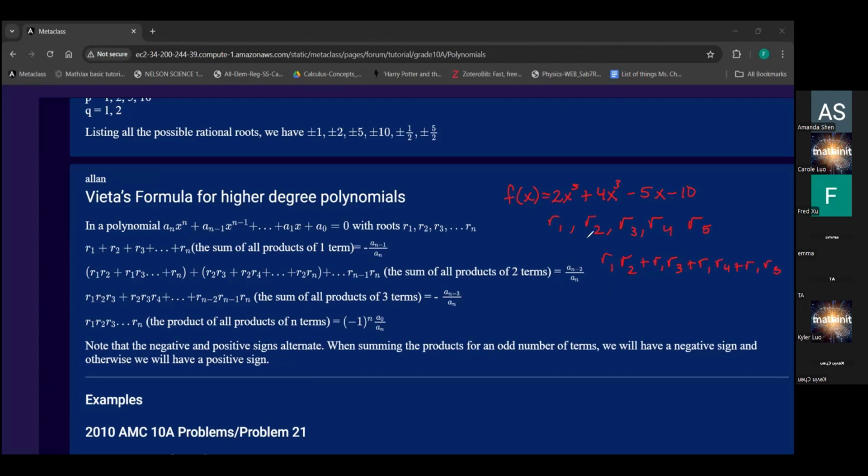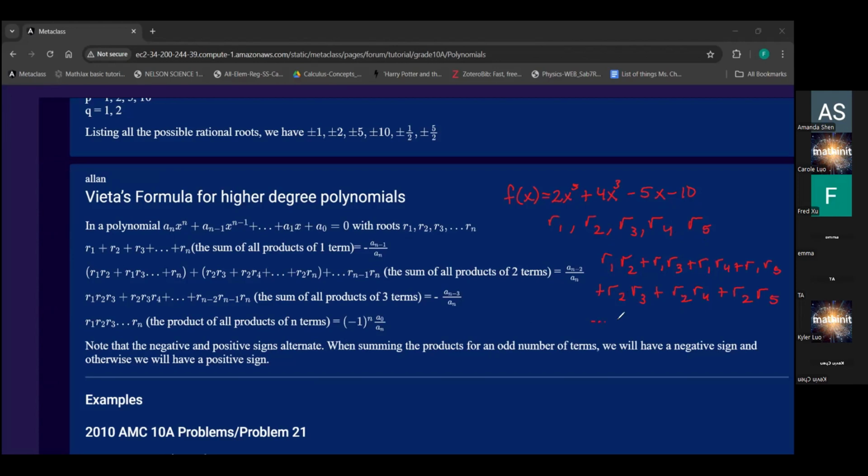And then you're also going to have to continue on to the next one. So R2 times R3 plus R2 times R4 and so on. Actually, I'll just write it out. R2 times R5. And you repeat with 3. So it'd be R3 times R4 plus R3 times R5. And then finally, R4 times R5.